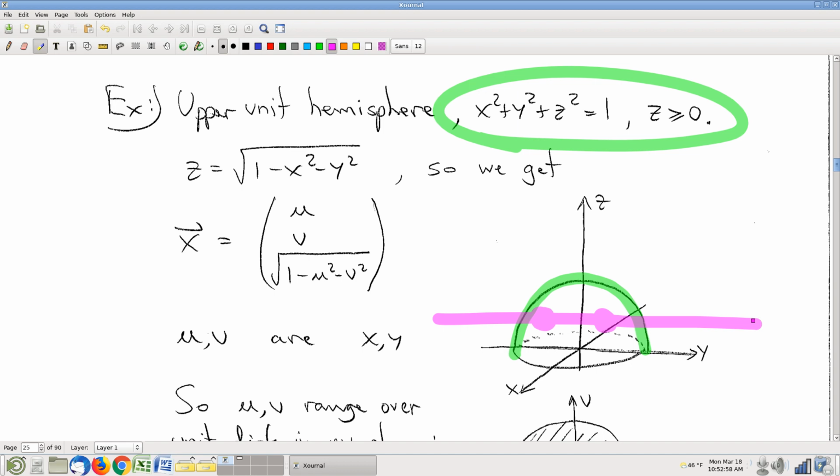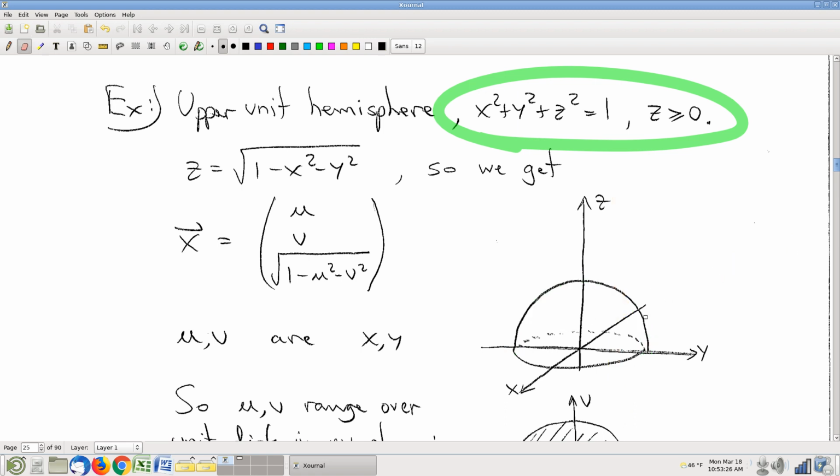Y is not a function of x and z. Likewise, x is not a function of y and z. Fails the vertical line test in that direction as well. But it passes with flying colors the vertical line test in the z direction. For every vertical line, there's exactly one intersection.